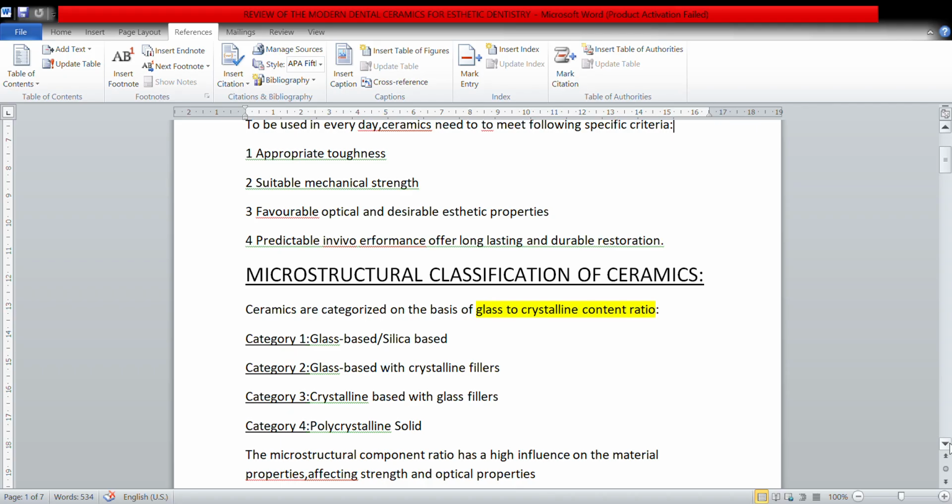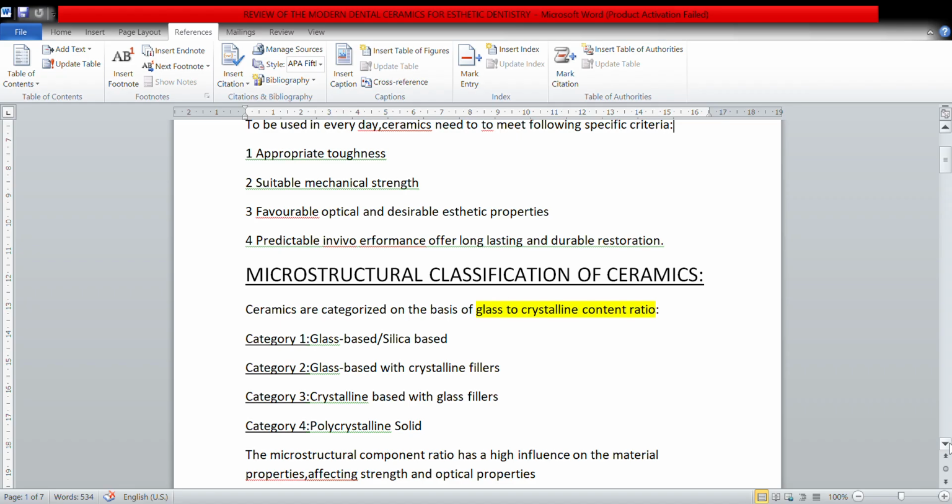Which type of ceramics falls in this category? This category includes purely porcelain based feldspathic porcelain, also known as traditional ceramics. The microstructure component ratio has a huge influence on the material properties, which will be discussed later on.